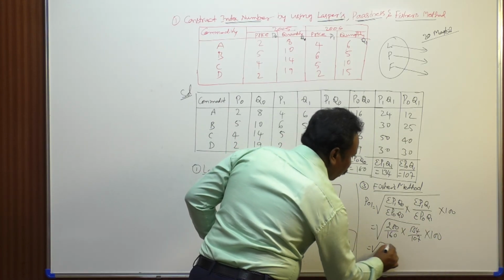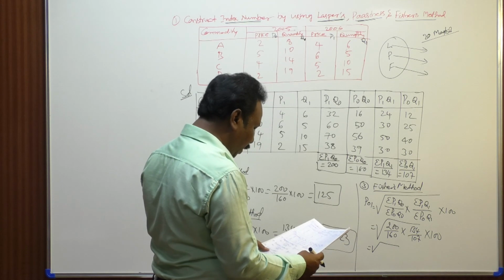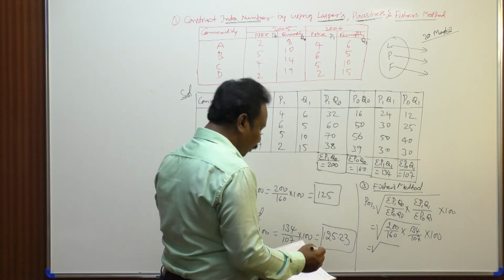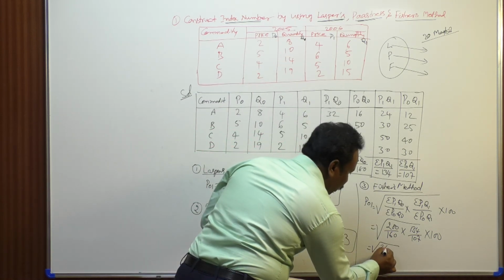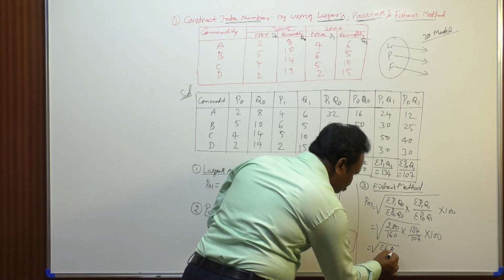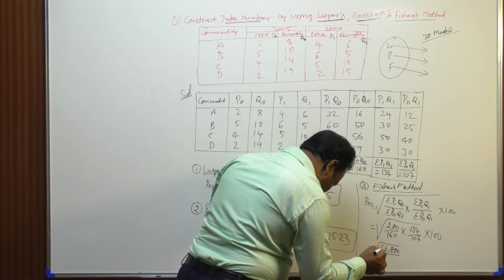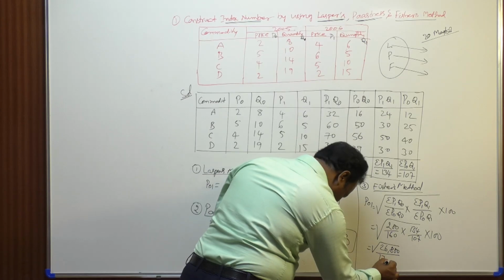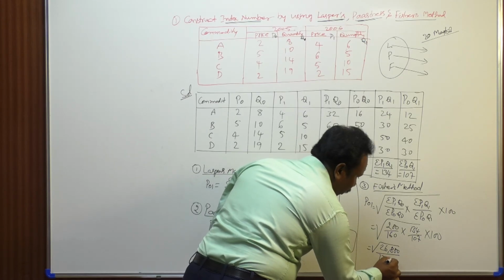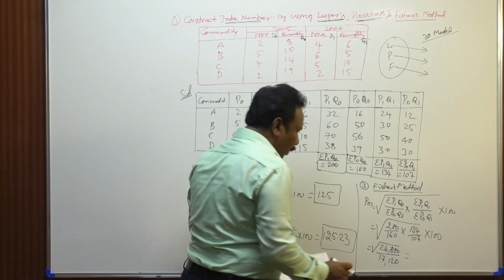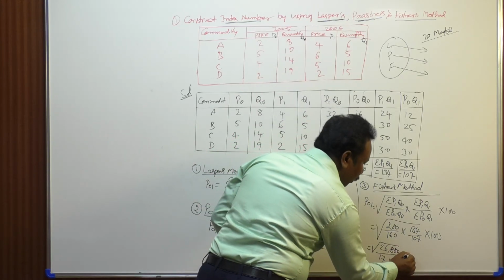Simplify it, we get 26,800 divided by 17,120 into 100.